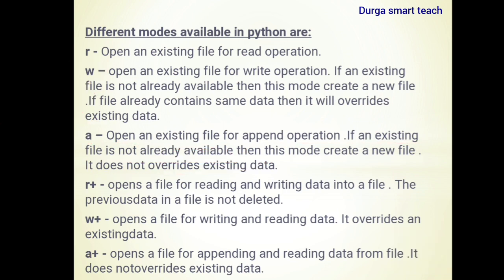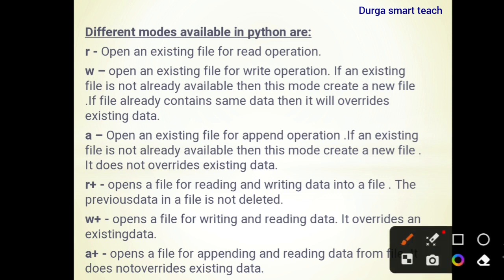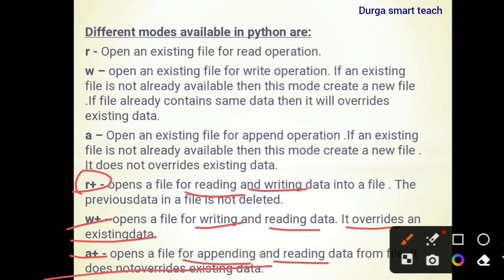Next, R plus. R plus means you can read as well as write data into a file. Next, W plus. W plus means writing and reading data, and writing means overwriting the existing data. Next, A plus is used for both appending and reading data from the file, and it does not overwrite existing data.